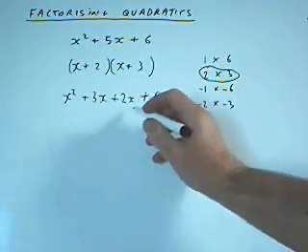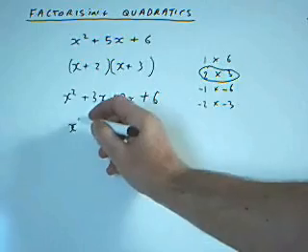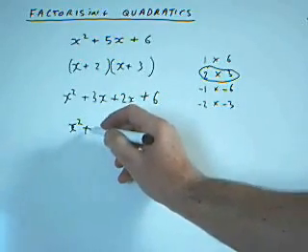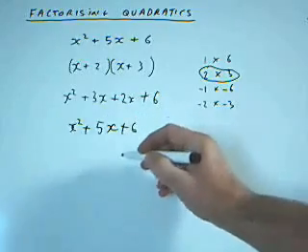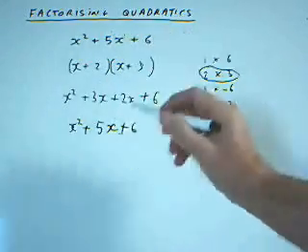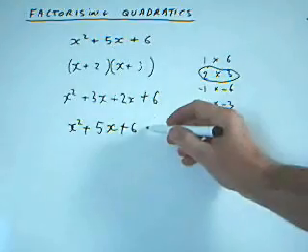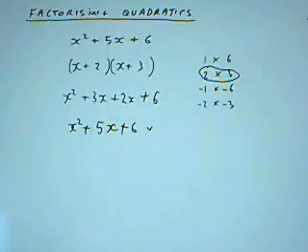Collect the like terms, those there, x squared plus 5x plus 6. And that is obviously the same. And that is how to factorise quadratics. I'll do a couple more examples.